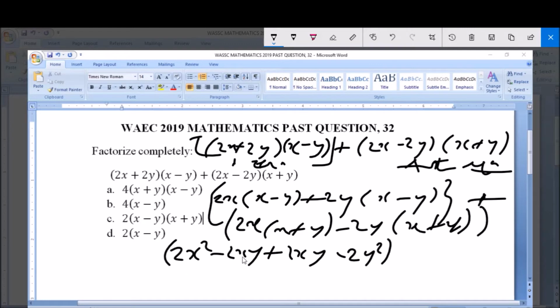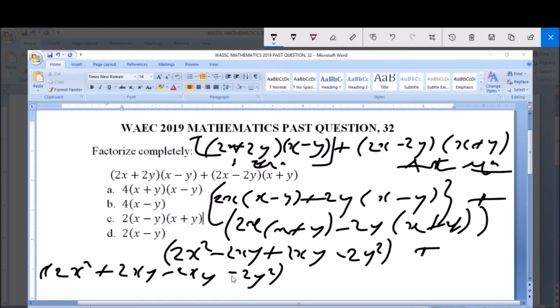Now everything here plus the expression on the other side gives us 2x squared, that's 2x multiplied by x, plus 2xy, now minus 2xy, minus 2y squared.